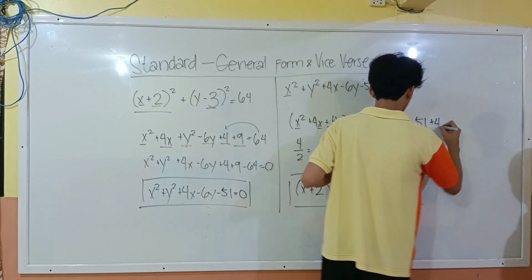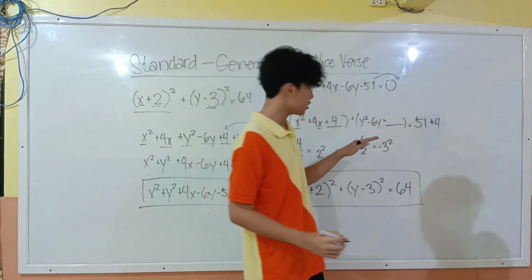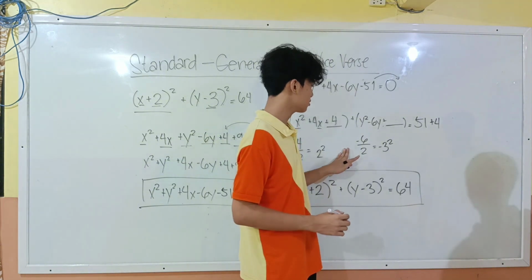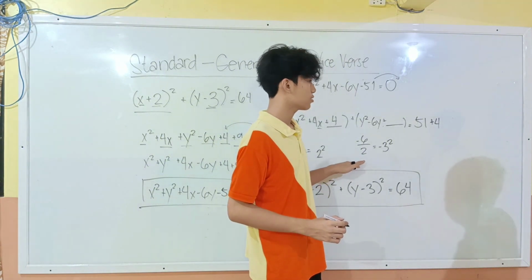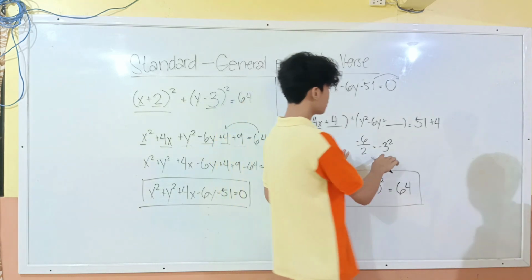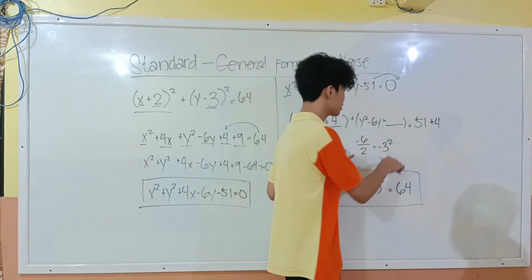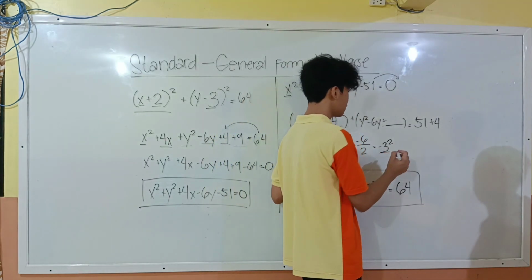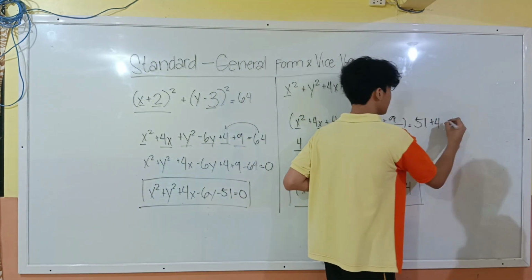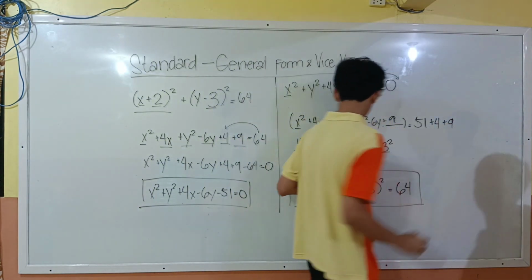So plus 4. And then we do the same thing for the other group. Negative 6 divided by 2 is negative 3. And then we multiply it by itself because it's squared. Negative 3 times negative 3, we get positive 9. Then we add also on the other side.